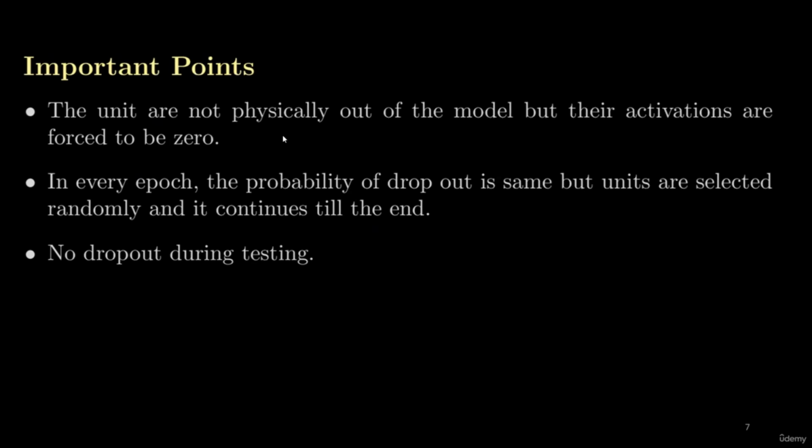These units are selected randomly because we have assigned a probability to them. In every epoch, the probability of dropout is the same, but units are selected randomly, and this continues till the end. During every epoch, different nodes are selected because their selection is based on probability and is random.